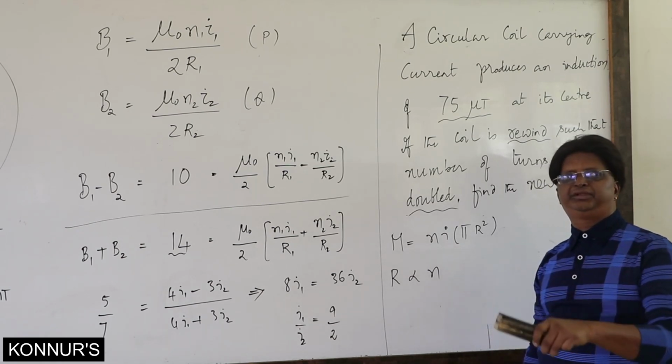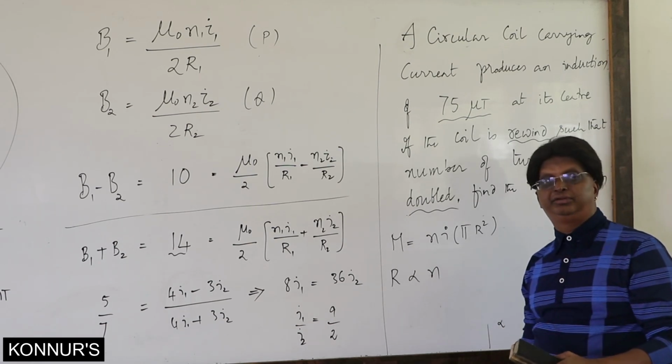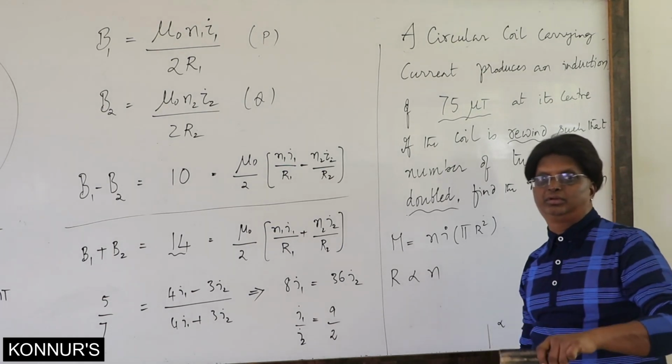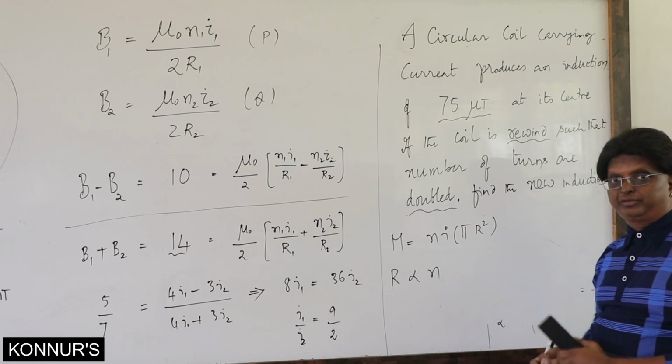In the same example, if it is said that the radius of the coil is changing, then N will be converted into R, right? Such common sense things you try to follow.